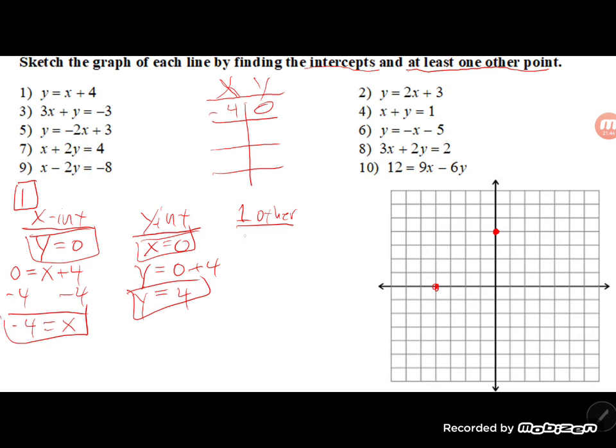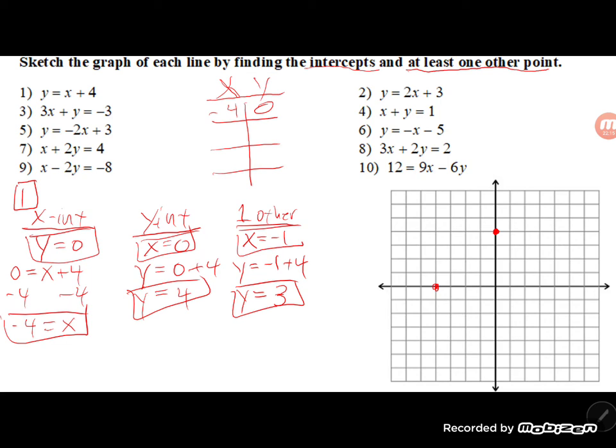So I'm going to choose x equals -1, and again I go back to my equation, and I plug in x equals -1. So I have y equals -1, because I plugged that in for x, plus 4. Okay? And now notice y is already solved for, so I don't need to solve it, I just need to calculate it. So -1 plus 4 is going to be +3.